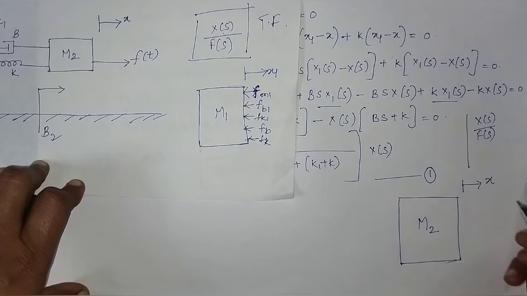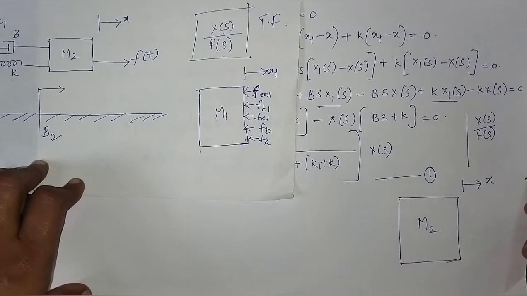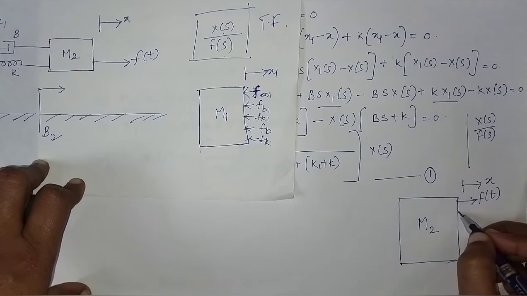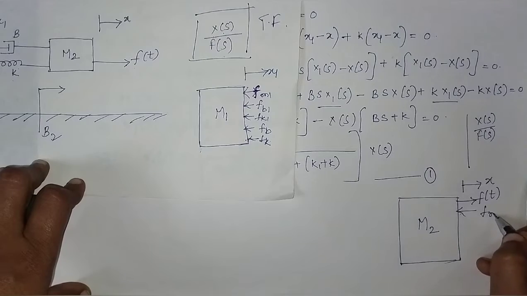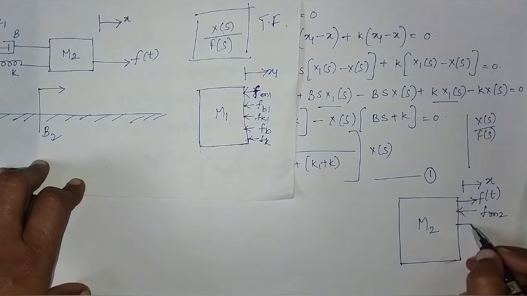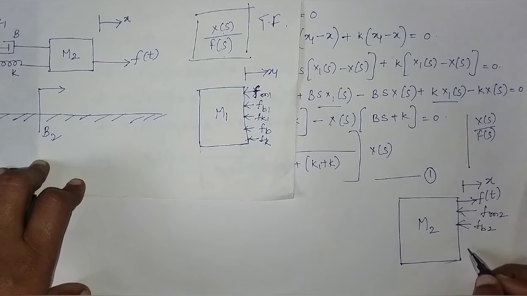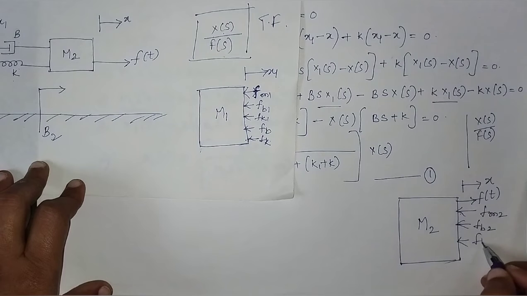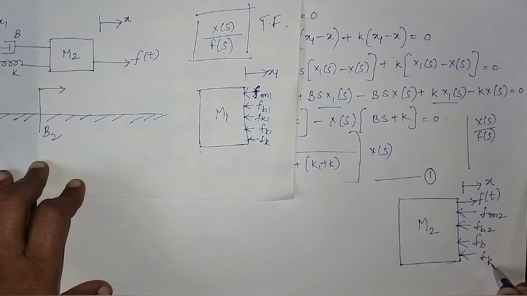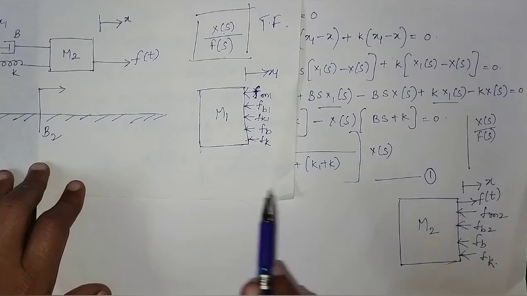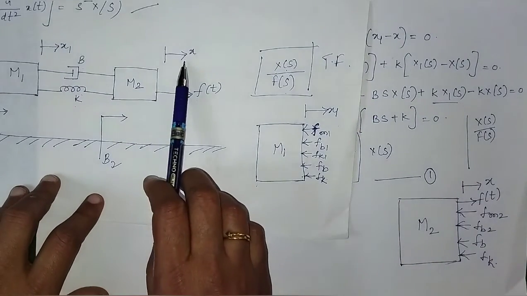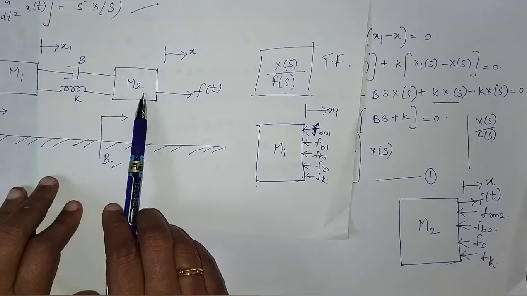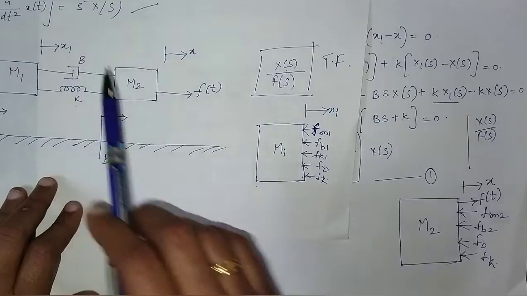The displacement is x here, and the applied force is F of t here, and the opposing forces are due to Fm2, Fb2, Fb, and Fk. Displacement, input force, opposing force due to m2, b2, k, and b.